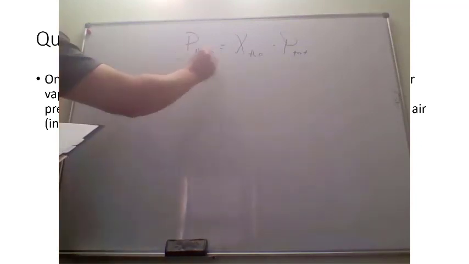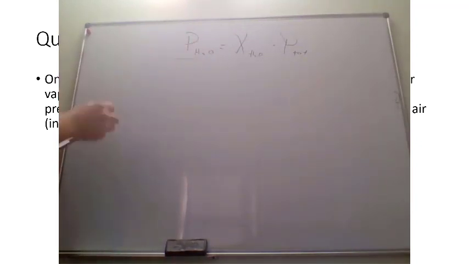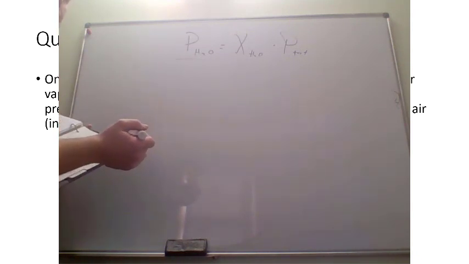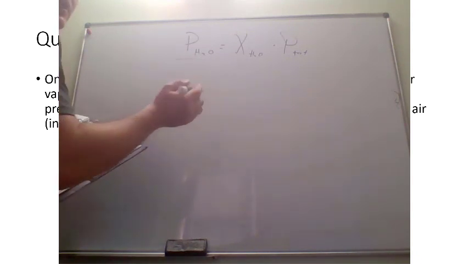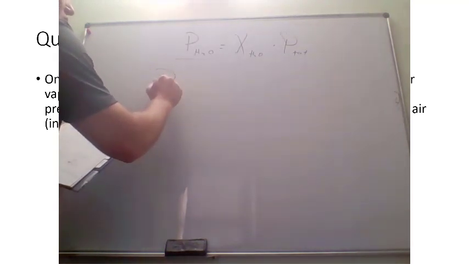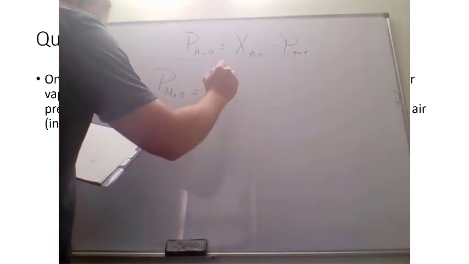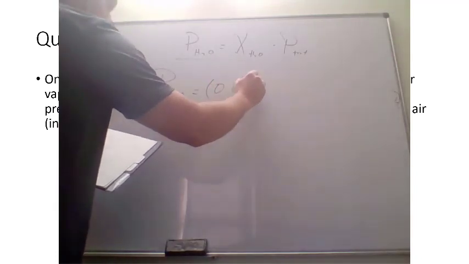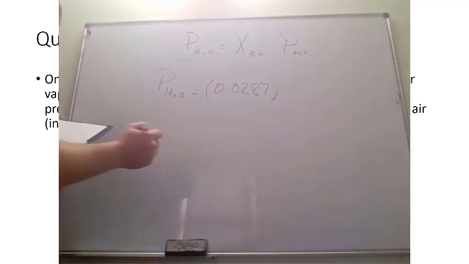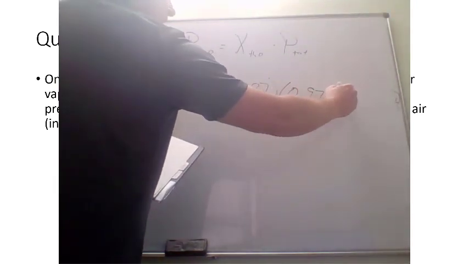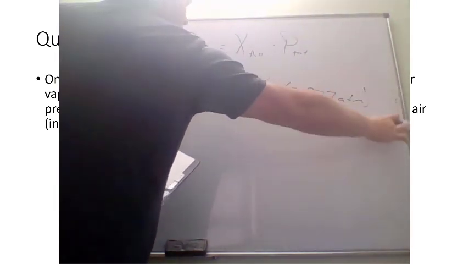So if we're solving for our partial pressure of that water, we have all the information needed, and we can simply just plug and chug. Okay, so our pressure of our water is equal to our mole fraction, which is 0.0287, times our total pressure, which is 0.977 atmospheres.